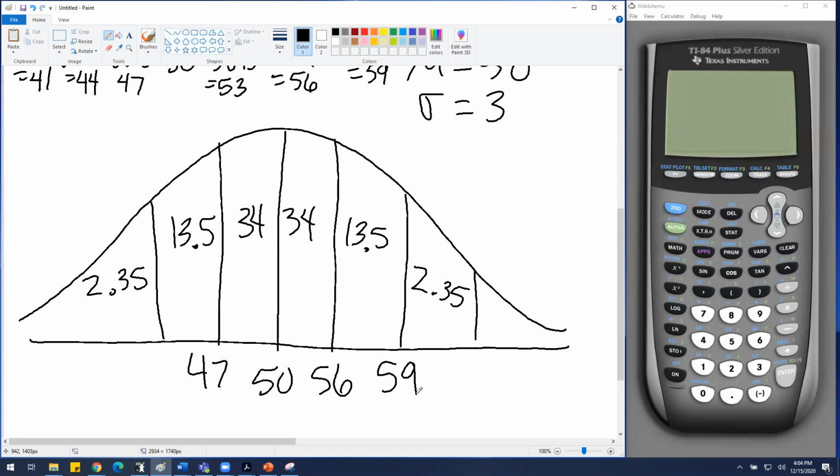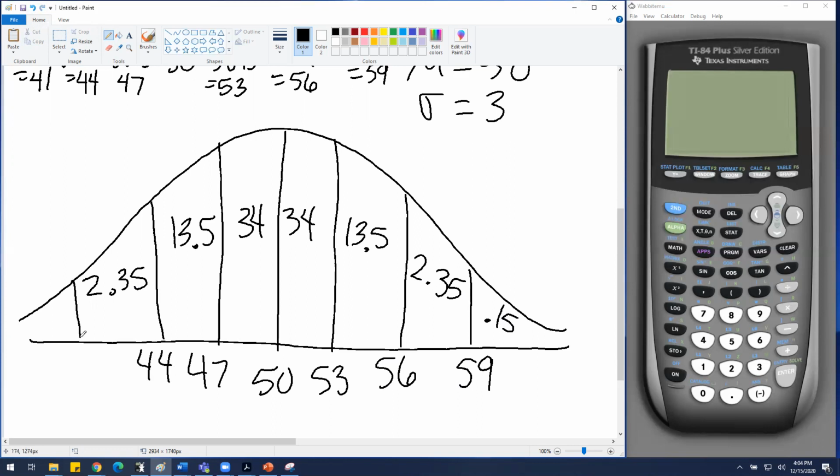Excuse me, I missed a number. 53, then 56, then 59. Make sure you copy your table properly. 47, 44, and 41. Okay, so here's our table.